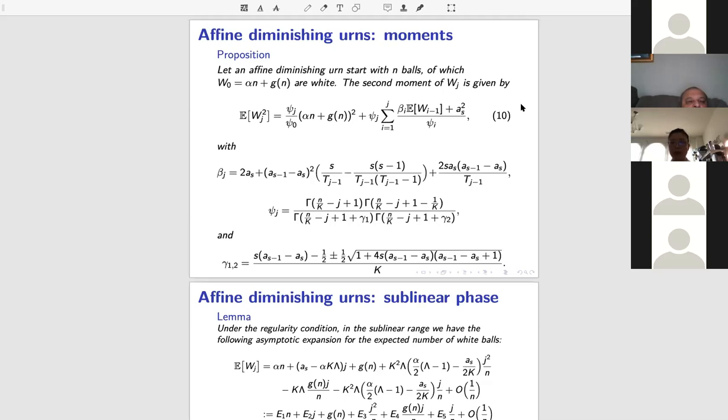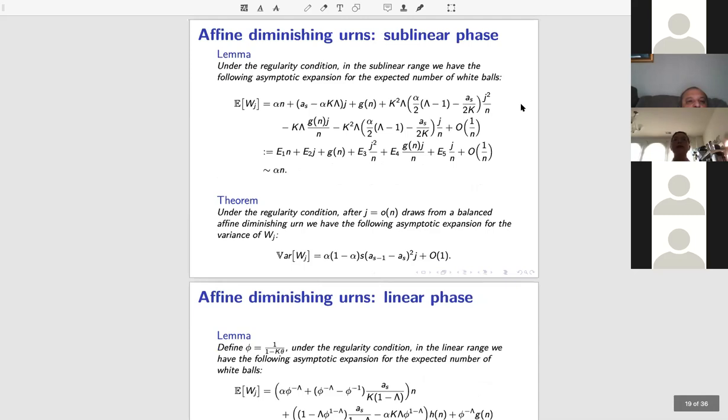So the next step in our analysis is to do the asymptotic expansion for the expectation and also for the variance under these two distinct phases, namely the sublinear phase and the linear phase. When we are in the sublinear phase, when the number of draws j is of lower order compared to n, the number of balls that we start with, the expectation of W_j is asymptotically equivalent to alpha n.